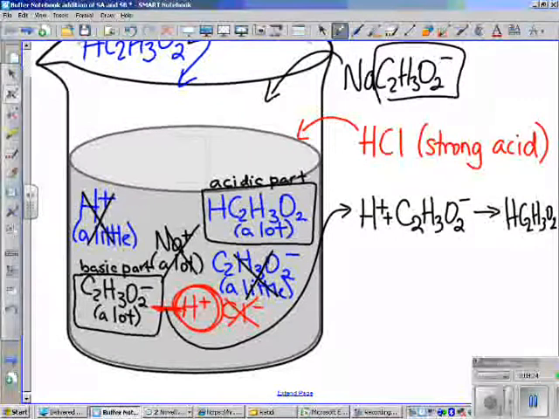So yes, we will make the solution a little more acidic. That acetic acid is going to decrease the pH, but only by a little. Compared to what that H plus was going to do. That H plus was going to drop it drastically. If you had added that HCl to water, it would have gone from 7 down to less than 2. I don't really know exactly what the number would be unless we did math.